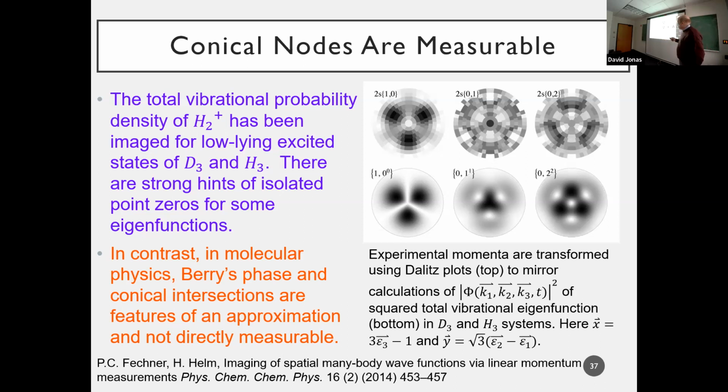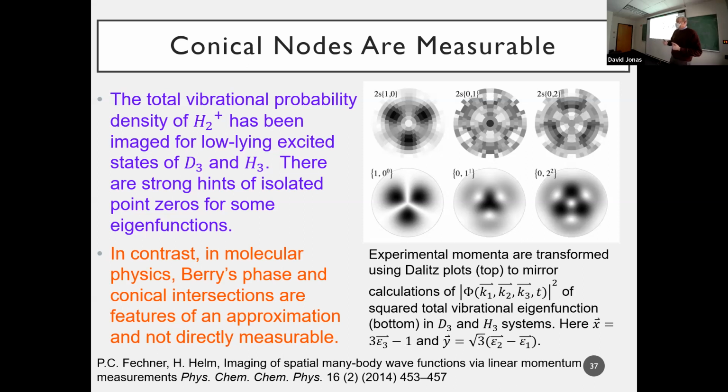In contrast, at least in molecular quantum mechanics, Berry's phase and conical intersections are features of an approximation. They're features of the adiabatic approximation, and as such they're not directly measurable.